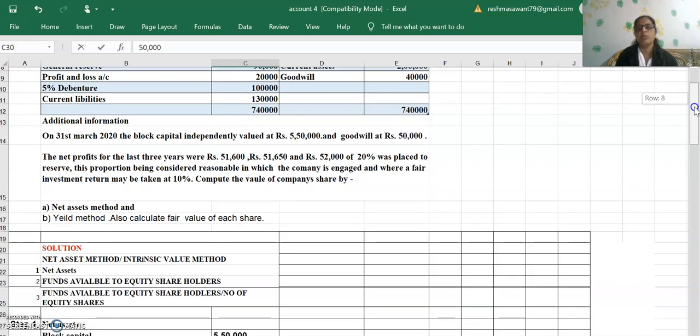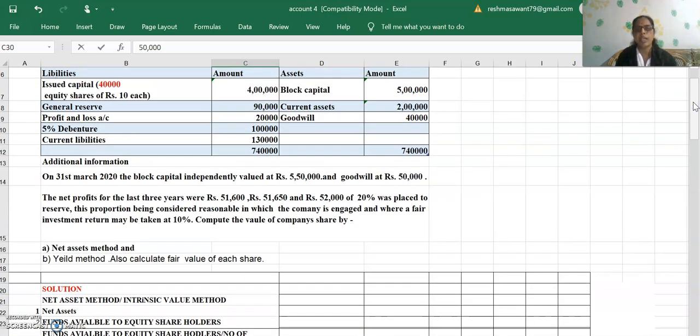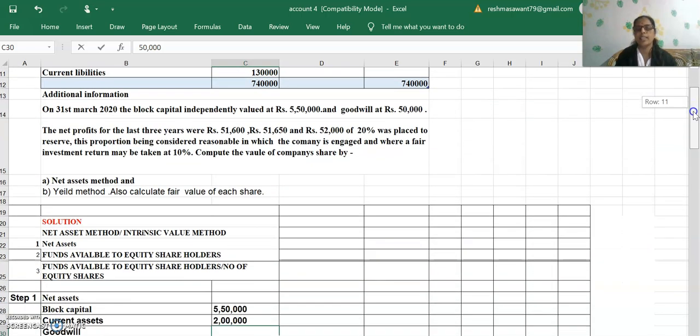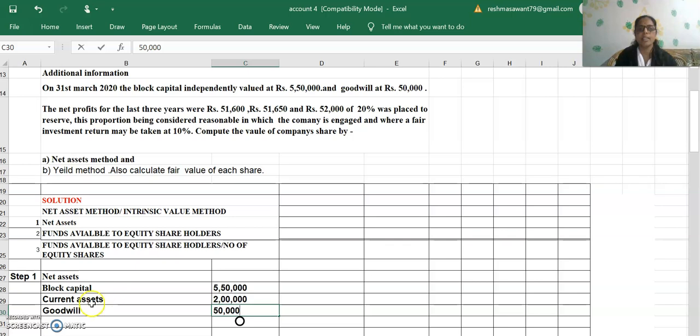But some assets, those which are not mentioned in your adjustment but still present in your balance sheet, consider that asset as it is, as a tangible asset, and all assets which are recorded on your asset side. So the current asset is taken from the balance sheet as it is, that is current asset is equal to 2 lakh.